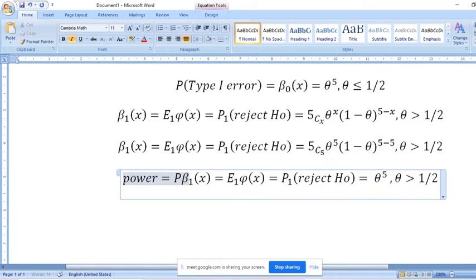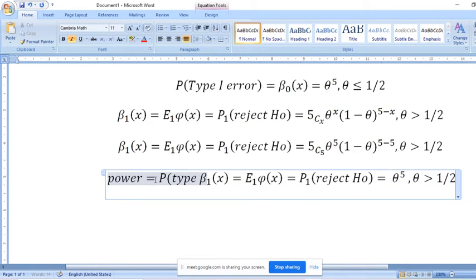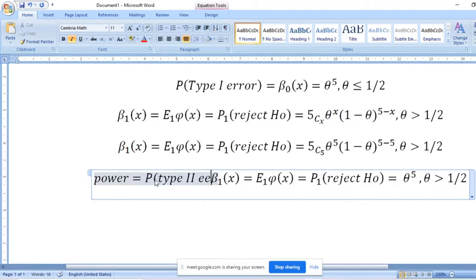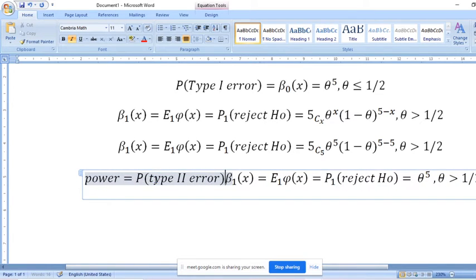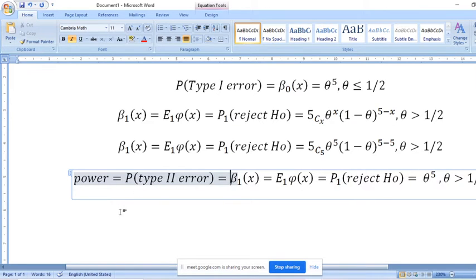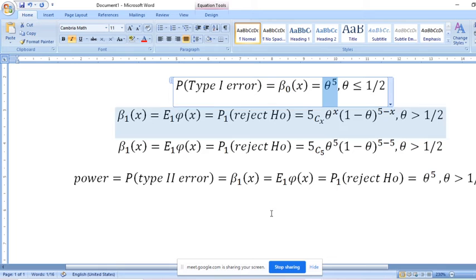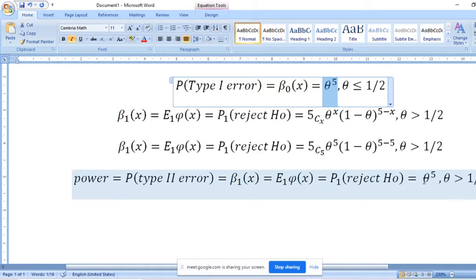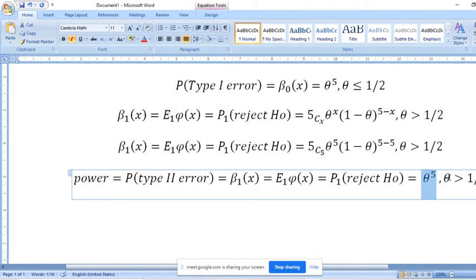So this is the power: power equal to 1 minus the probability of type 2 error, beta 1 of x. What is the criterion? We have to restrict this one to a small number, and at the same time maximize this one with respect to this region.